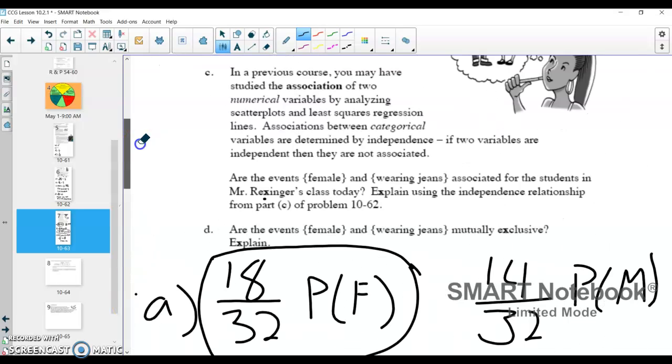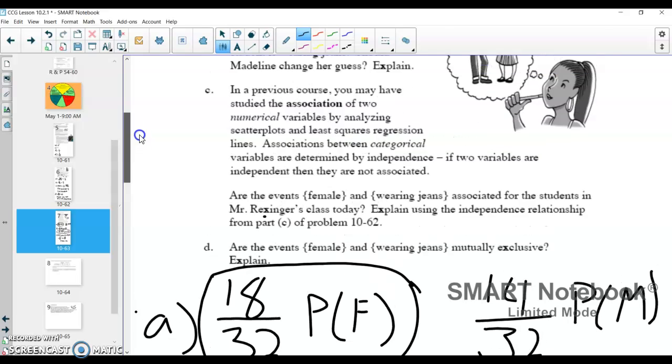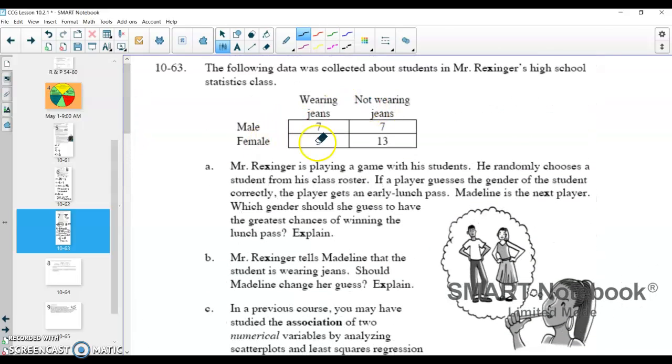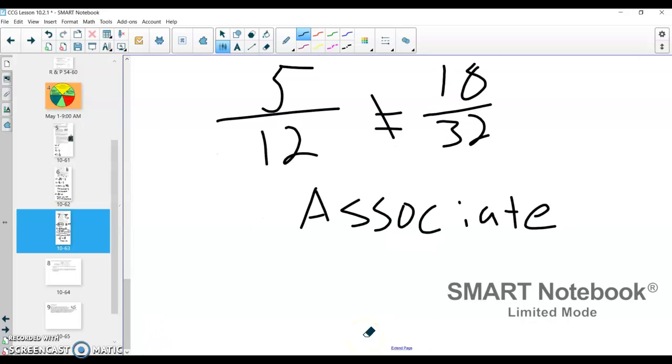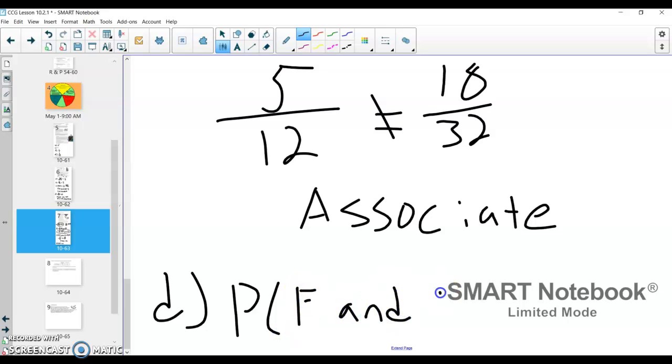Looking at the events female and wearing jeans, we are working in this smaller sample space here. And this is, I believe, part D. So it's the probability of female and jeans, which means we're combining them.